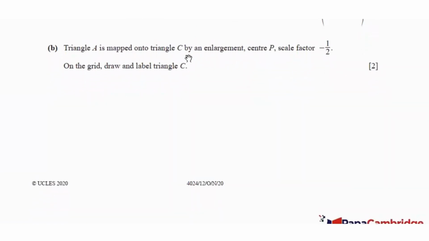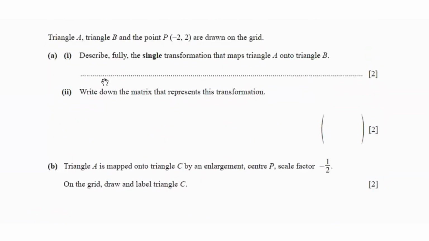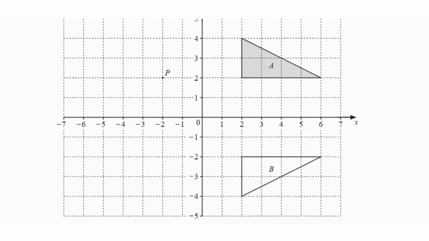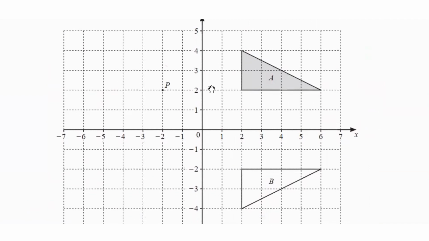Triangle A is mapped onto triangle C by an enlargement, center P, scale factor -1/2. On the grid, draw and label triangle C. So scale factor is -1/2 and center of enlargement is P. If you look at the distance of P from this point, that's 4.